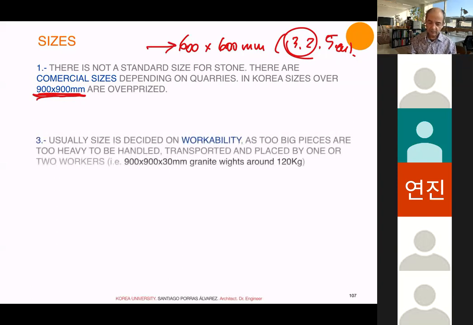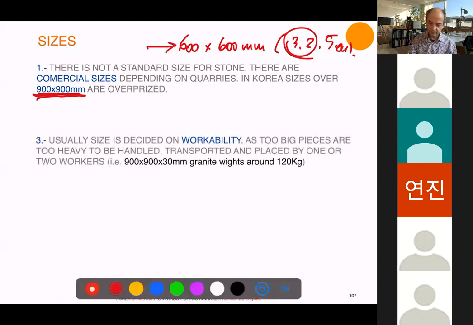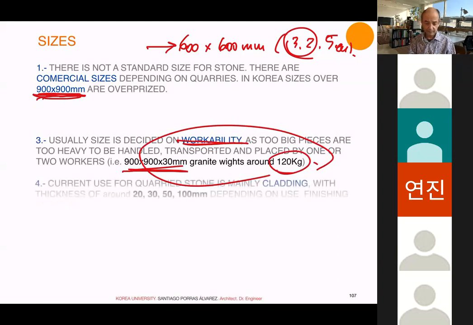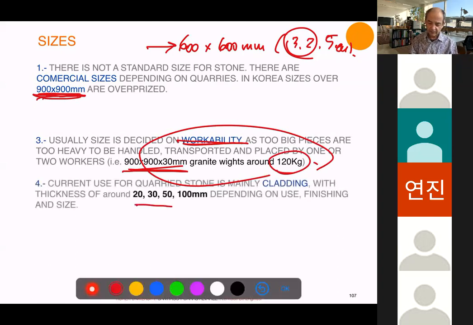So workability, as we said, is one of the points, right? Transportation, manipulation. So if we go to the largest size, we're already speaking of over 100 kilos, which not many people can manipulate. This is the usual thicknesses. So over 50, 100 millimeters are usually custom made.